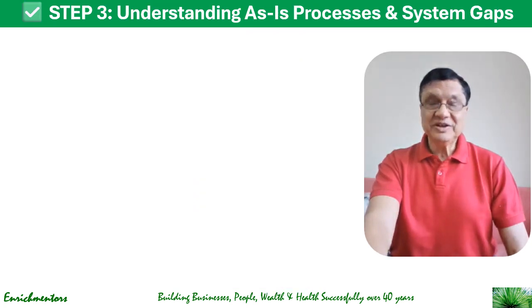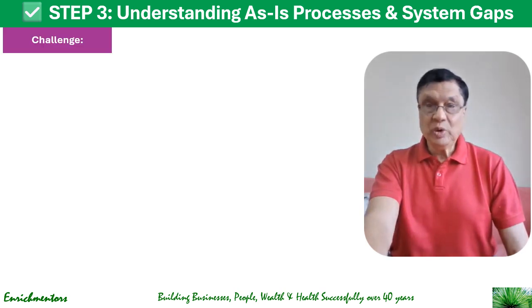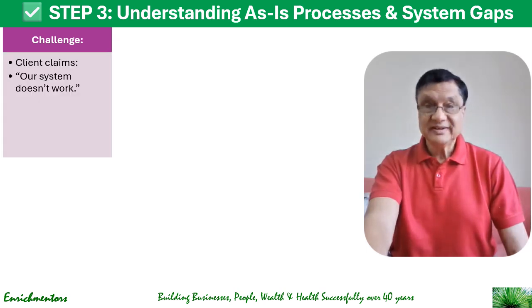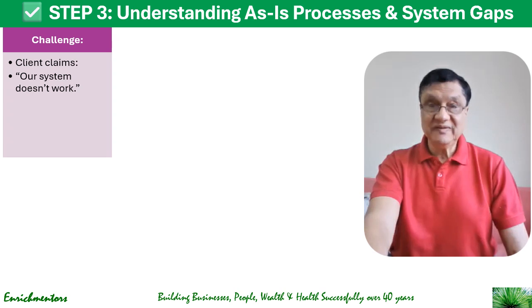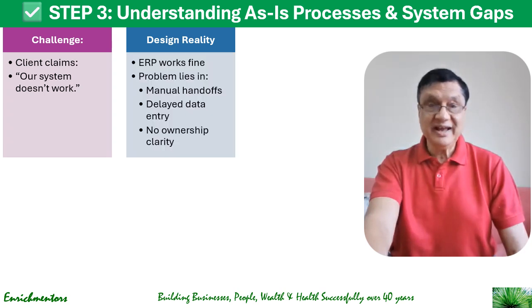Third step: once they got the RFP to work ahead, they went into understanding the as-is process and systems gap. The challenge was that the client was claiming that our system doesn't work. The design reality, what Ananya found, was that the ERP works fine. The problem lies in manual handoffs, delayed data entry, and no ownership clarity.